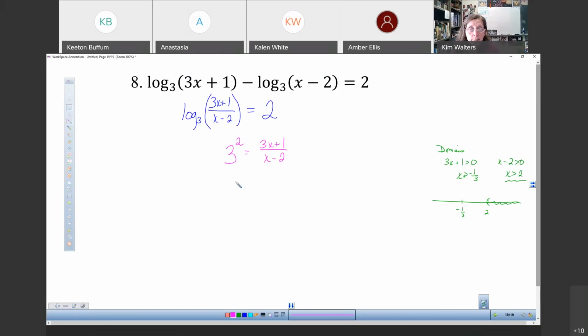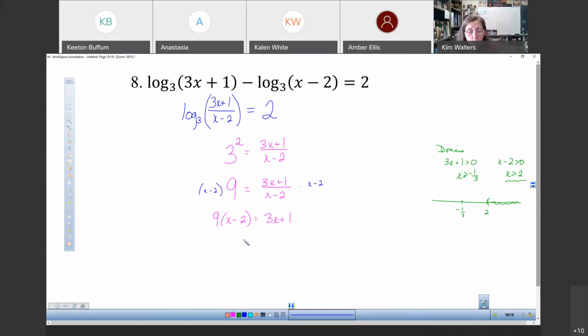Now 3 to the second power is nice, it's 9. In this particular problem, you can think about this as cross multiplying, or multiplying by your common denominator. This is going to be 9 times (x minus 2) is equal to 3x plus 1. You can think about this as multiplying both sides by x minus 2. Those cancel out, leaving you with this.